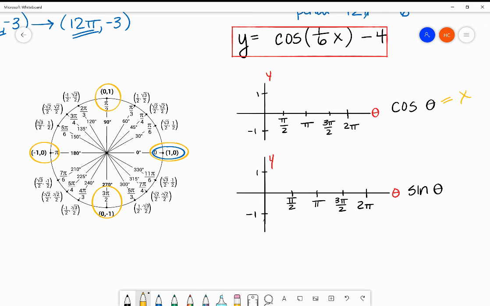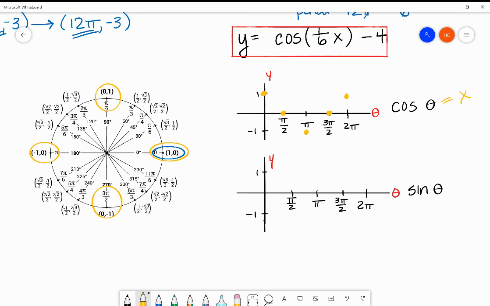When it was at 0 degrees, our x value was a 1. Then at pi over 2, our x value is a 0. So I'm going to plot it on the 0. At pi, my x value was a negative 1. At 3 pi over 2, my x value was a 0. And at 2 pi, my x value was a 1.